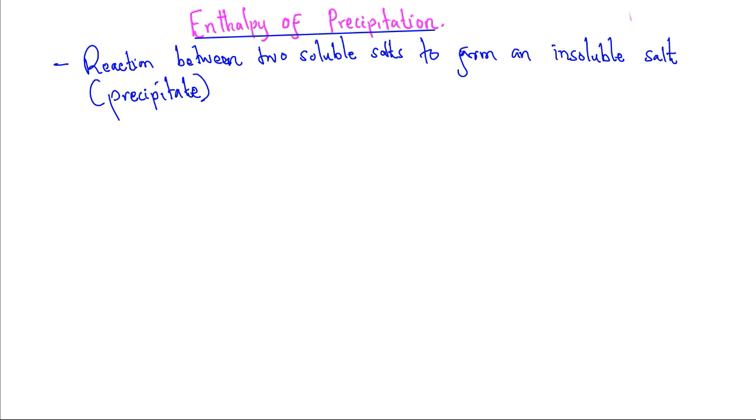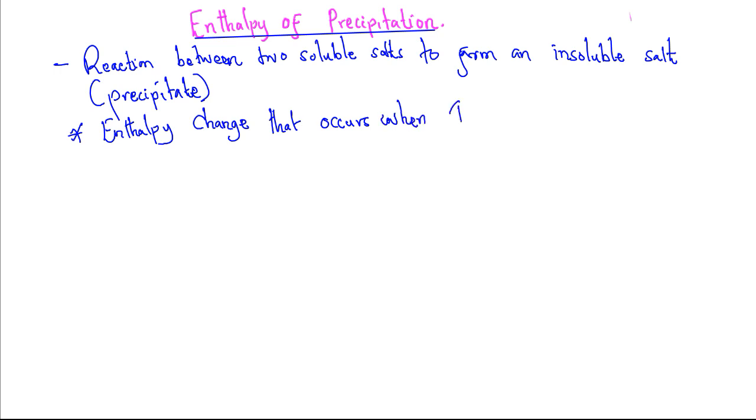The enthalpy of precipitation is the enthalpy change that occurs when 1 mole of a precipitate is formed.